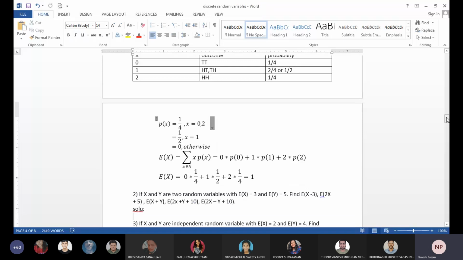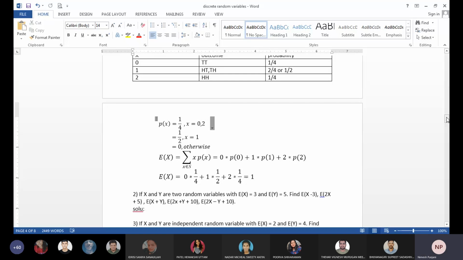Okay, second sum. It says x and y are two random variables with expected value of x as 3 and expected value of y as 5.